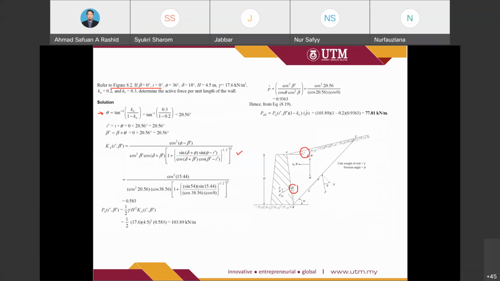If we use this equation, we need to put in all the values, and later on we get the value of KA, which is equal to 0.583. Now we look at table 8.2 or 8.3. We have here beta equal to 0, I equal to 0, phi equal to 36. I need to check whether delta is equal to 2/3 of phi or not.